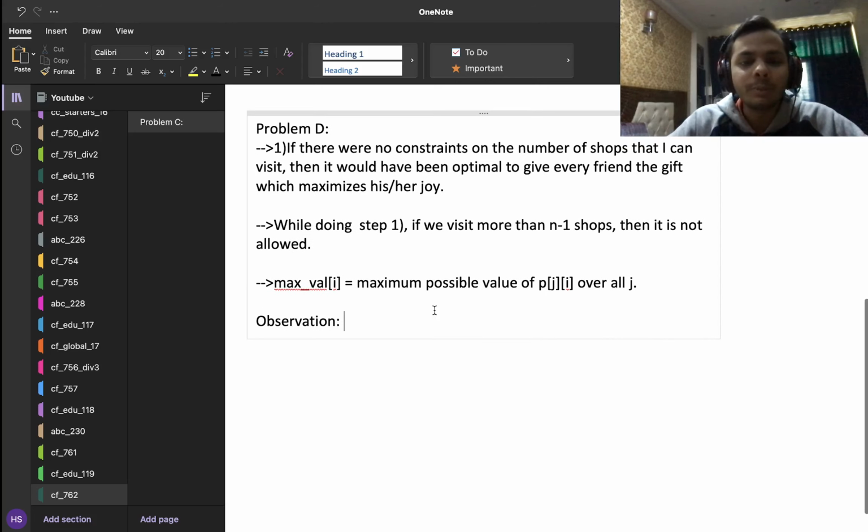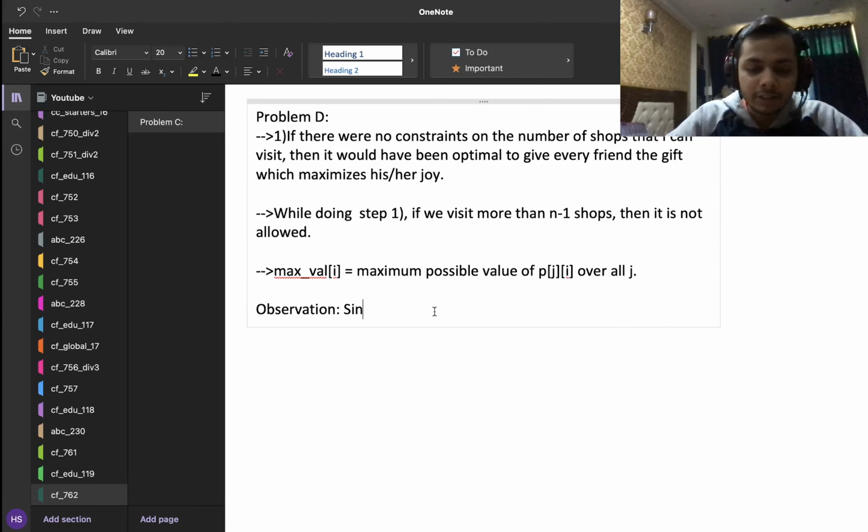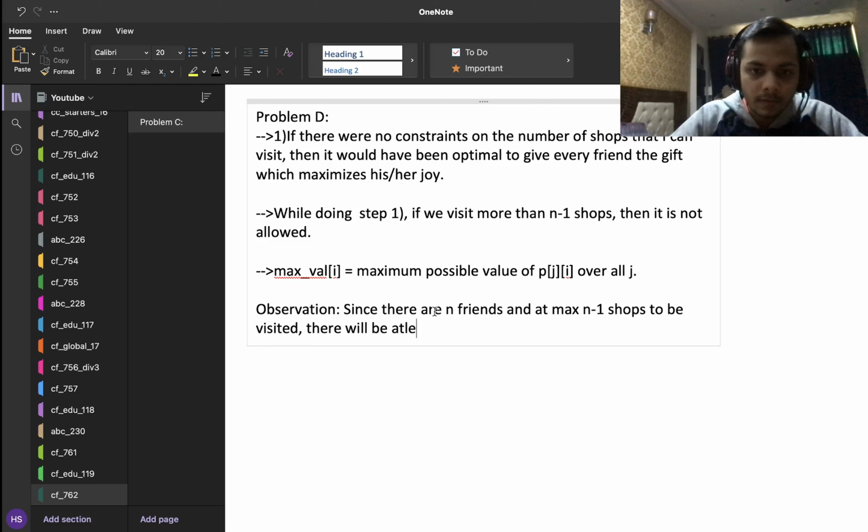But I'm going to make use of the pigeonhole principle, and which is, since there are n friends and at max n minus 1 shops to be visited, there will be at least one shop from where I will buy greater than or equal to 2 gifts.